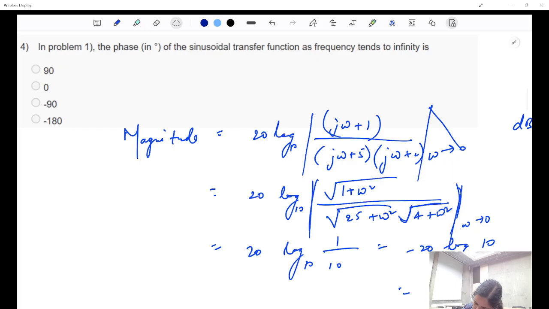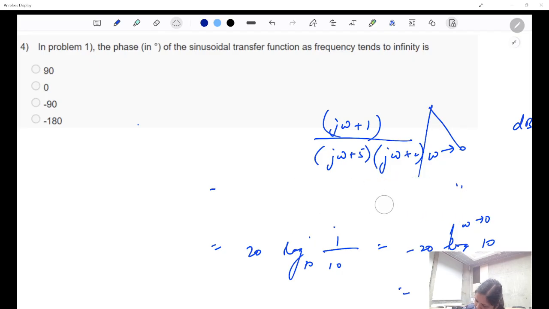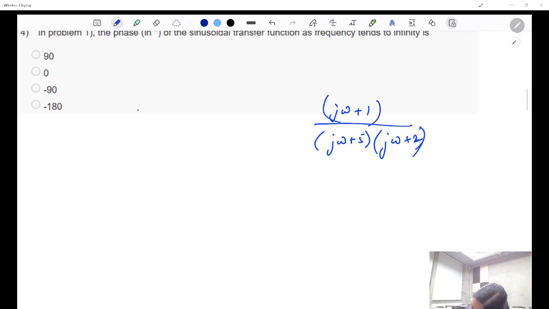So I'll delete the extra part. So here it is. This was our transfer function. So we want the phase for this. What would be the phase?